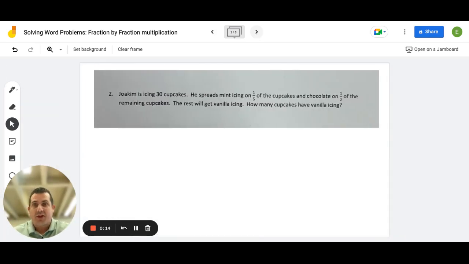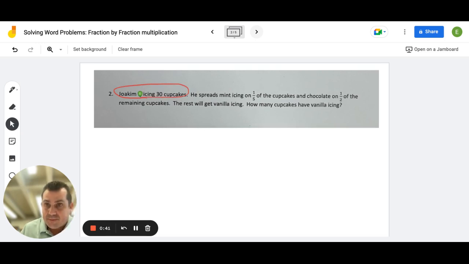Joachim is icing 30 cupcakes. He spreads mint icing on 1/5 of the cupcakes and chocolate on 1/2 of the remaining cupcakes. The rest get vanilla icing. How many cupcakes will get vanilla icing? So here is where we know, going to mark up this problem, that he's icing 30 cupcakes.